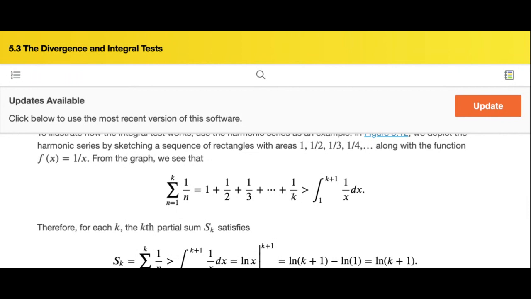1 over k. And this is greater than the integral from 1 to k plus 1 of 1 over x. Remember the graph of 1 over x? When x is positive, all positive, in the first quadrant, it goes this way.